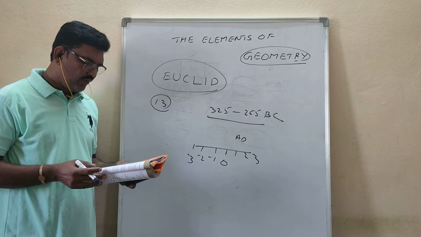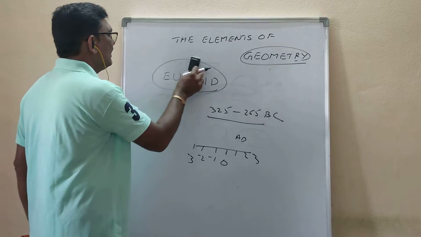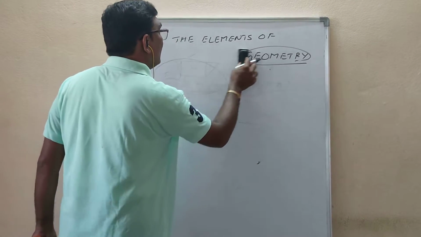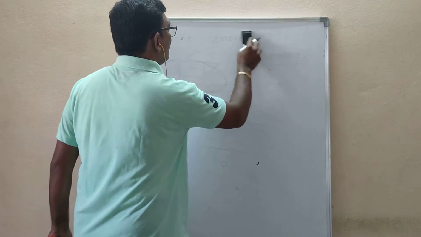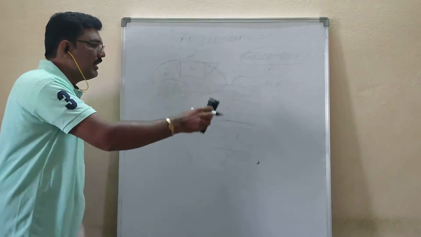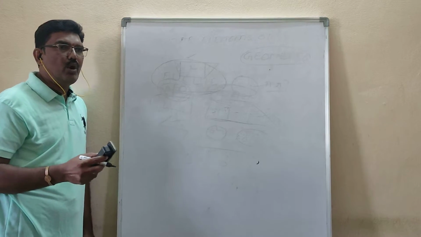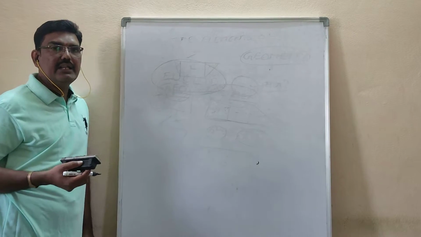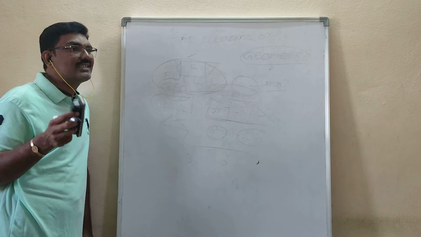What he explained were basic things which we should understand perfectly. So what are the basic things? What is meant by plane? What is meant by surface? What is meant by point? What is meant by line segment? What is meant by line? These were all before Christ.